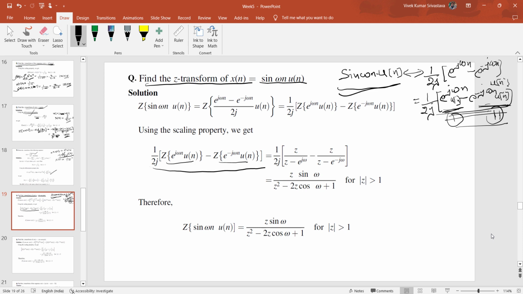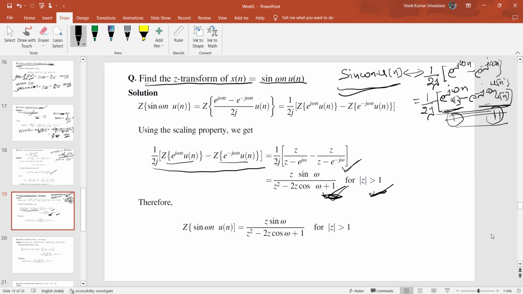So this is basically defined as z over z minus e raised to the power j omega minus z over z minus e raised to the power minus j omega. Okay, so if you further solve this, you will get this expression, and here ROC is defined as mod of z greater than 1. Okay, so once you solve this expression, you will get this final expression, as well as ROC.